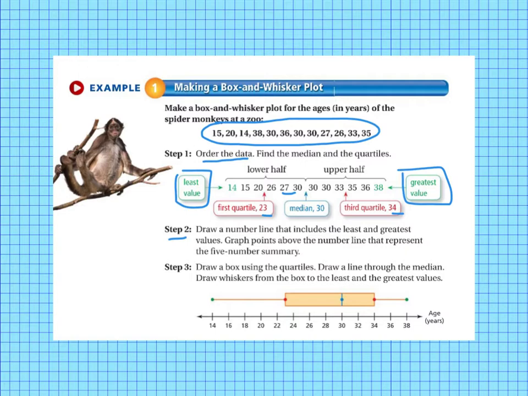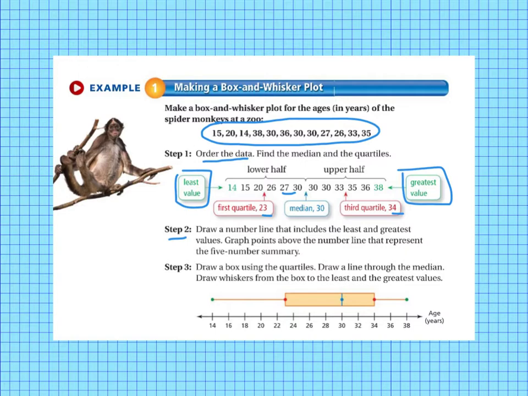So they don't skip 28 just because there's no 28. So it's fine to use a different scale and to count by 2s, but you can't just leave out numbers just because they aren't there. So be careful with that.